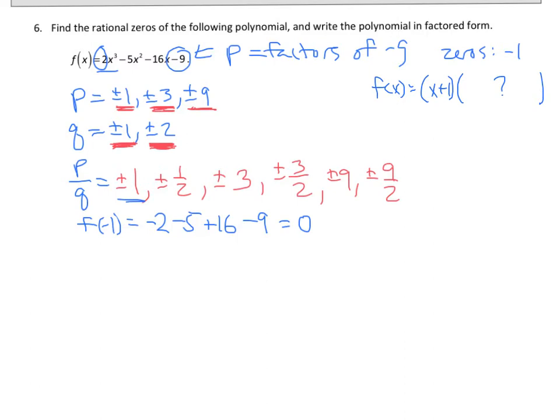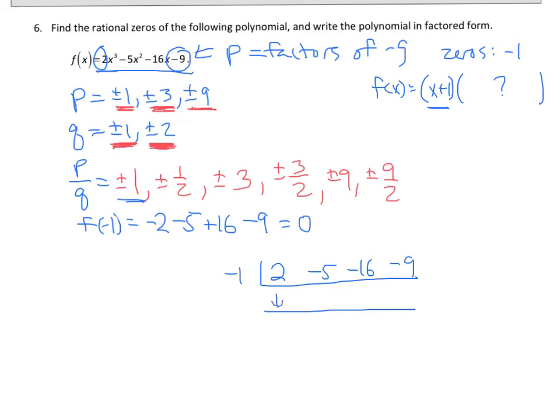So I'm going to use synthetic division to divide f of x by x plus 1. Remember, when we do synthetic division, we put the number that makes that part equal 0. So I put negative 1 in the front, and then my two shelves. On the top, I put the coefficients of f of x, which are 2, negative 5, negative 16, negative 9.